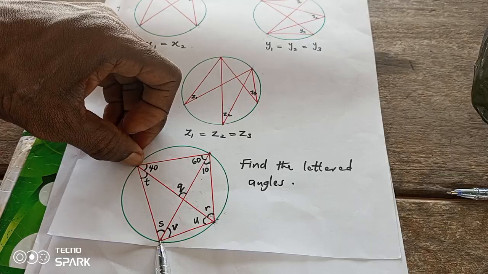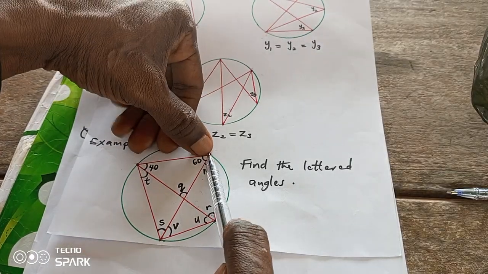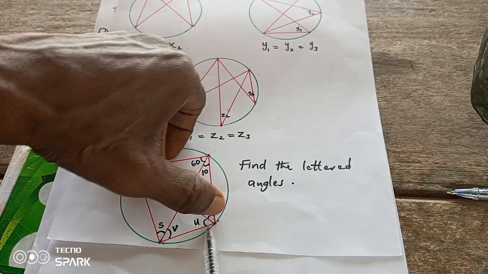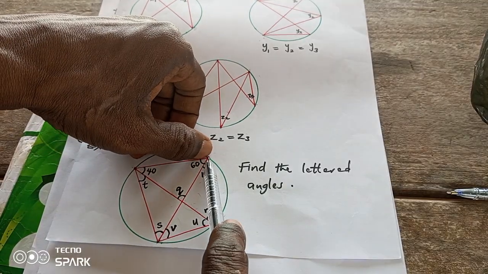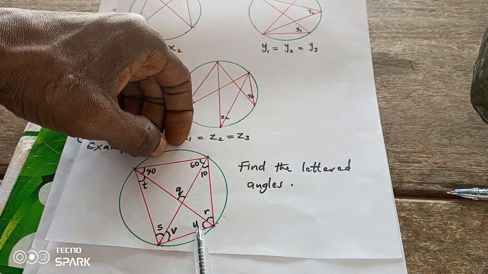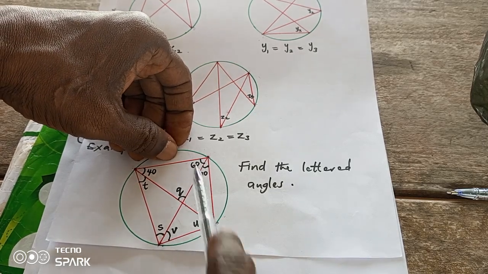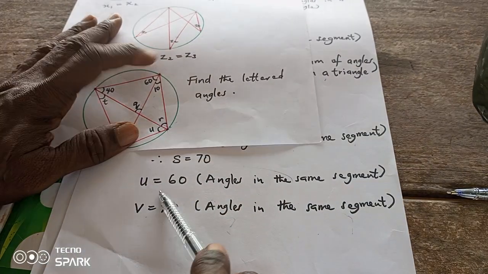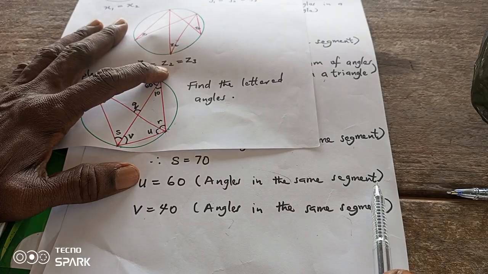From these two points, another line touches the circumference this way, which is 60. So you realize that this angle U is an angle of the same segment with this angle 60. So angle U and 60 are going to be equal because they are angles of the same segment. So angle U should be equal to 60 degrees. Why? Angles in the same segment.